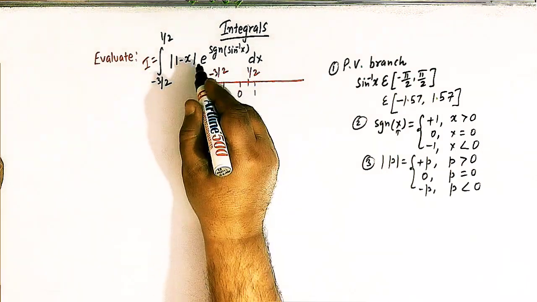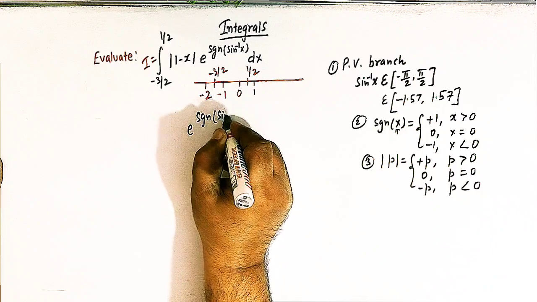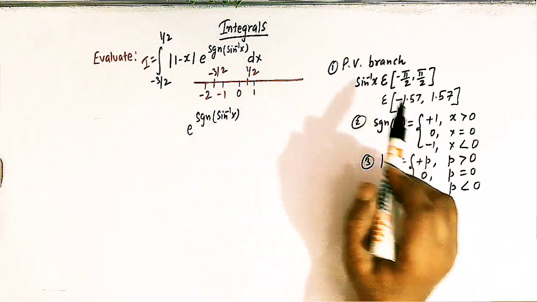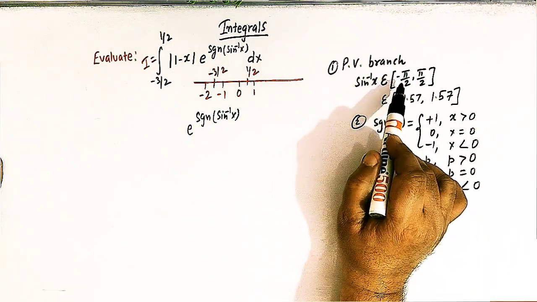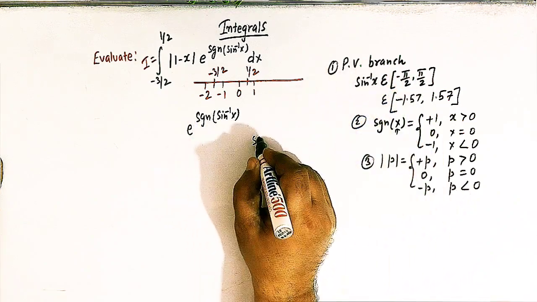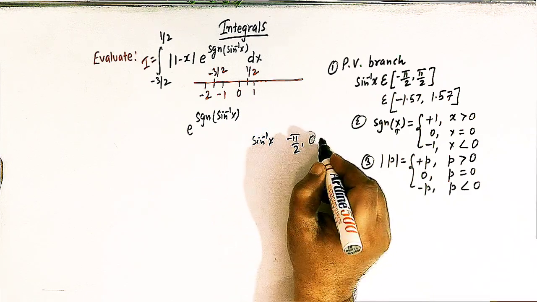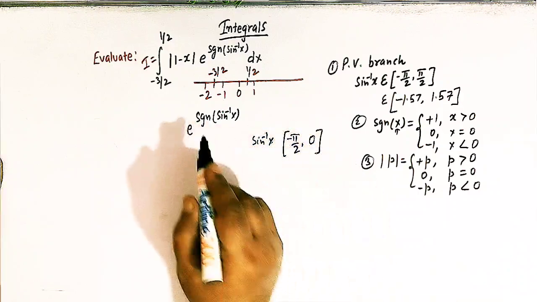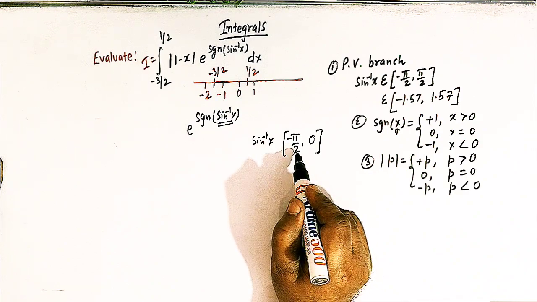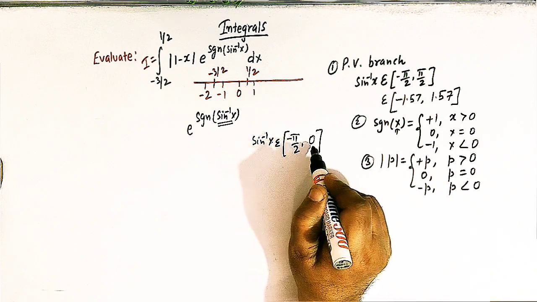So now let us consider this function, that is e raised to signum of sine inverse x, right? Now see, here we have sine inverse x belonging to the interval minus pi by 2 to pi by 2. When sine inverse x goes from minus pi by 2 to 0, then the value of sine inverse x is negative, and this interval is the same as minus 1.57 to 0.